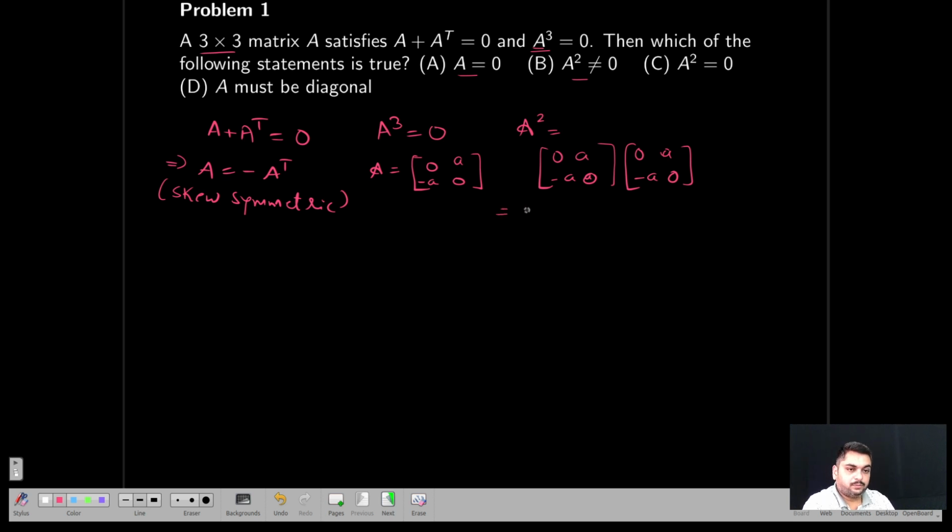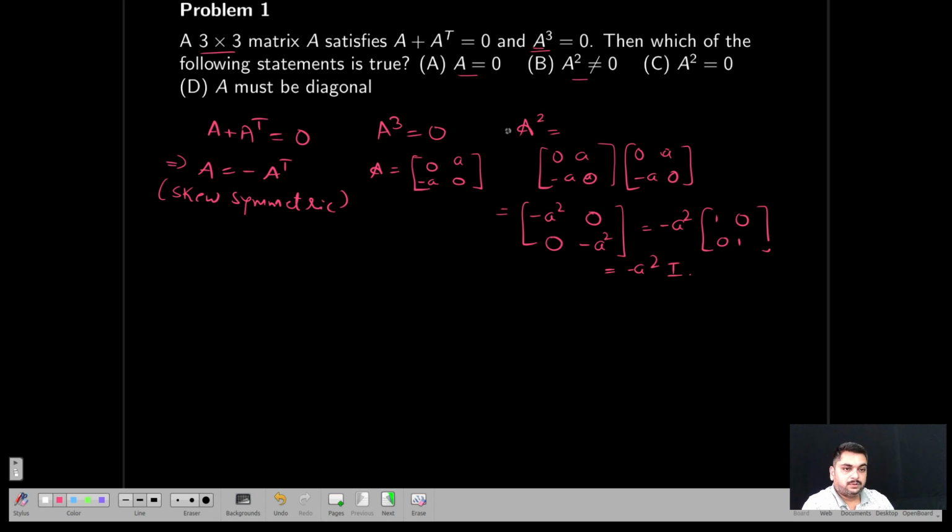This will be equal to [minus A square, 0; 0, minus A square]. So I can write it as minus A square common, times [1 0; 0 1]. So this is nothing but minus A square into I.